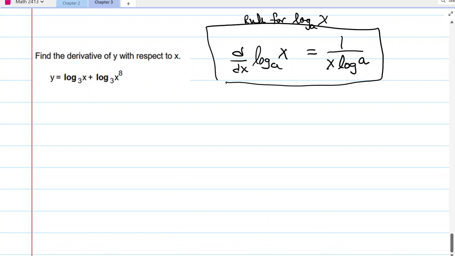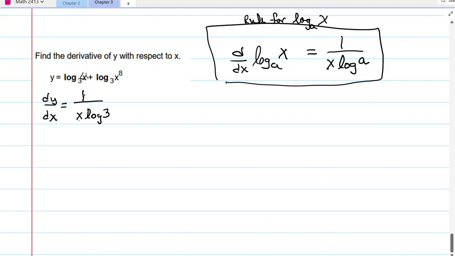All right, so here we go. dy/dx equals, now we're going to take the derivative here. It's going to be 1 over x log of 3. It's a change of base is what it is. If you can see that if we take the derivative of x, it's 1 over x.